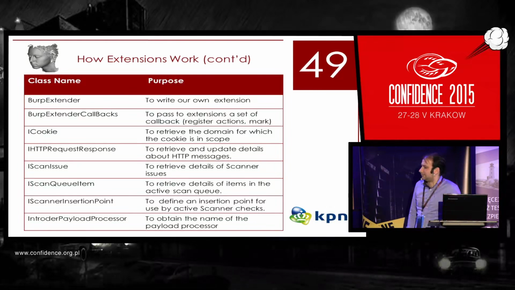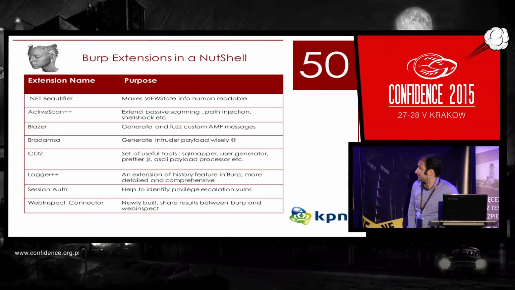Burp Pro provides a scanner. It simply sends automated payloads and returns the results, so you can define insertion points to automate application level analysis. And these are some common extensions that you can use.